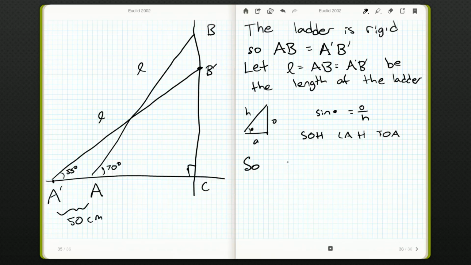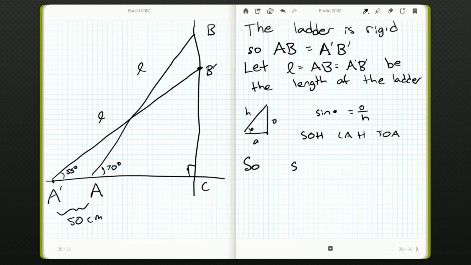So, B prime C, this length here, the shorter length, the shorter height, is, well, hold on, let's write it out with SOHCAHTOA.